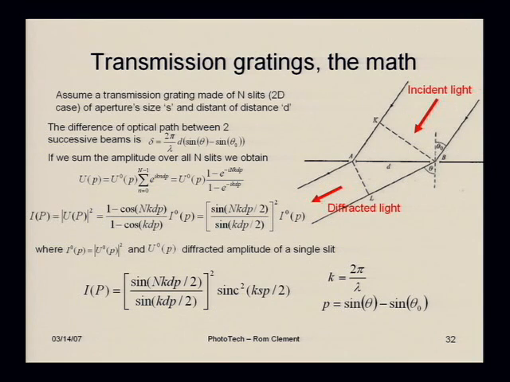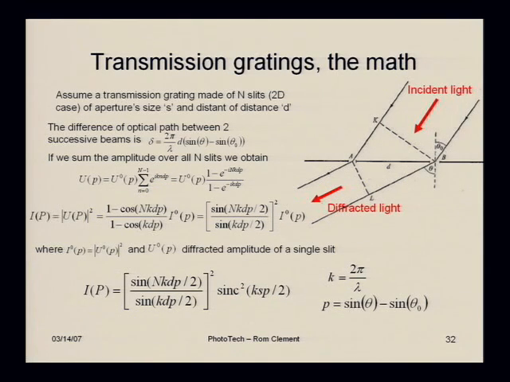So let's do the math for transmission gratings. Assume a transmission grating made of n slits or n slots, each slot has an aperture S, and the distance between the slots is d.